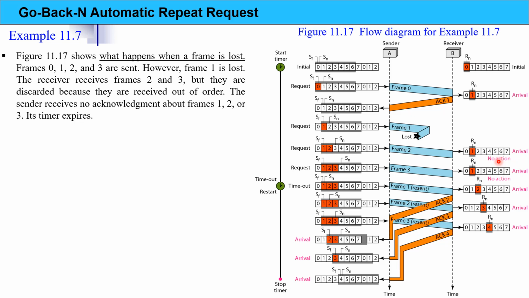Then after the timeout at the sender, since frame 1 is lost, frame 1 will be retransmitted. And what about frame 2 and frame 3? They will be retransmitted also. Why?